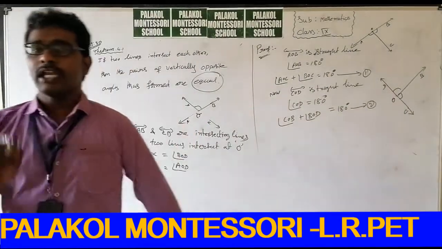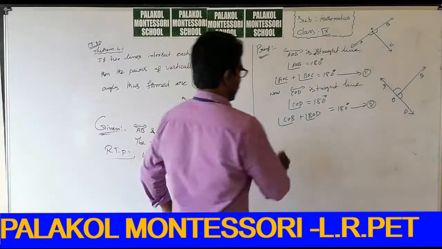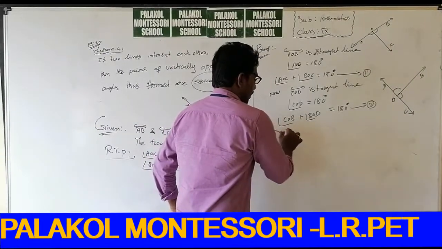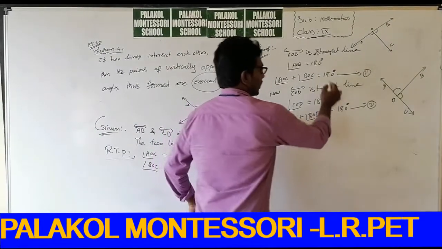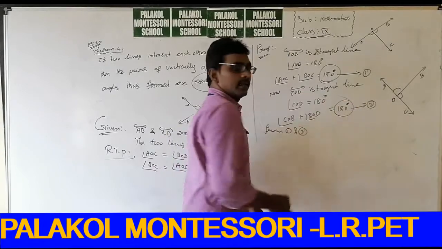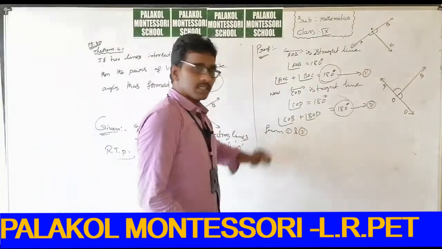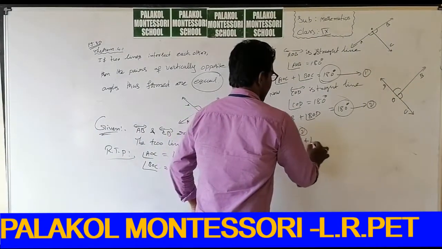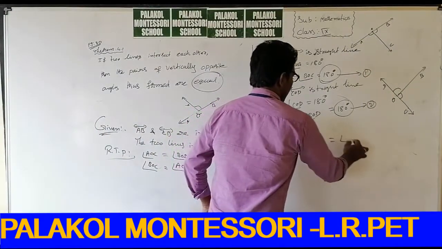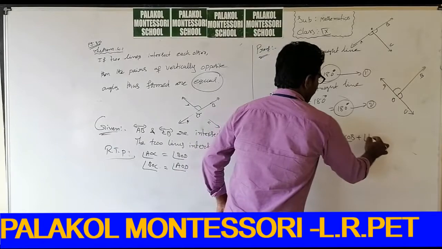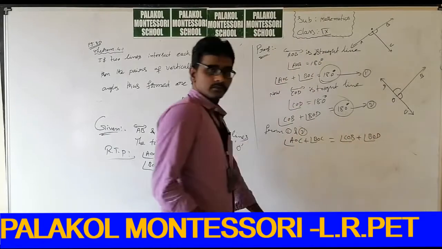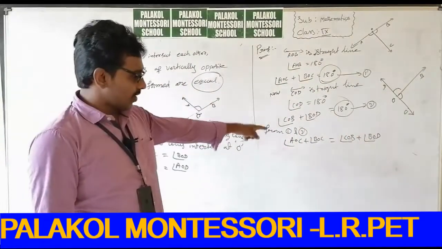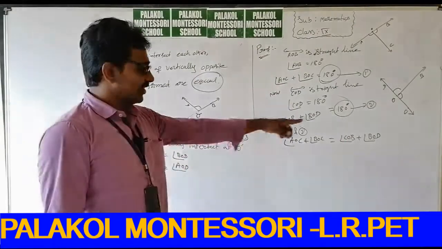Guys, observe equation 1 and equation 2. This is 180 degrees, this is 180 degrees. So are these two equal or not equal? Equal. Angle AOC plus angle BOC equals angle COB plus angle BOD. It gives a new equation.